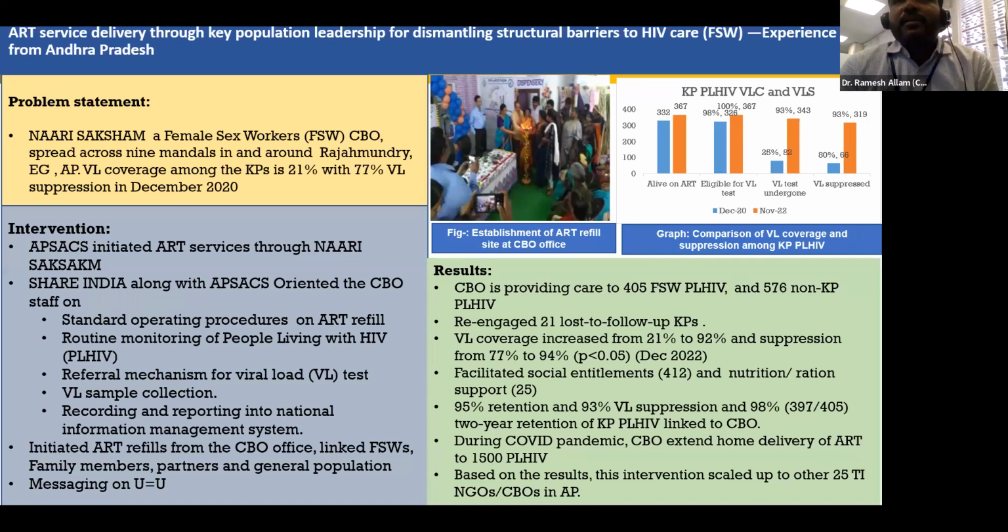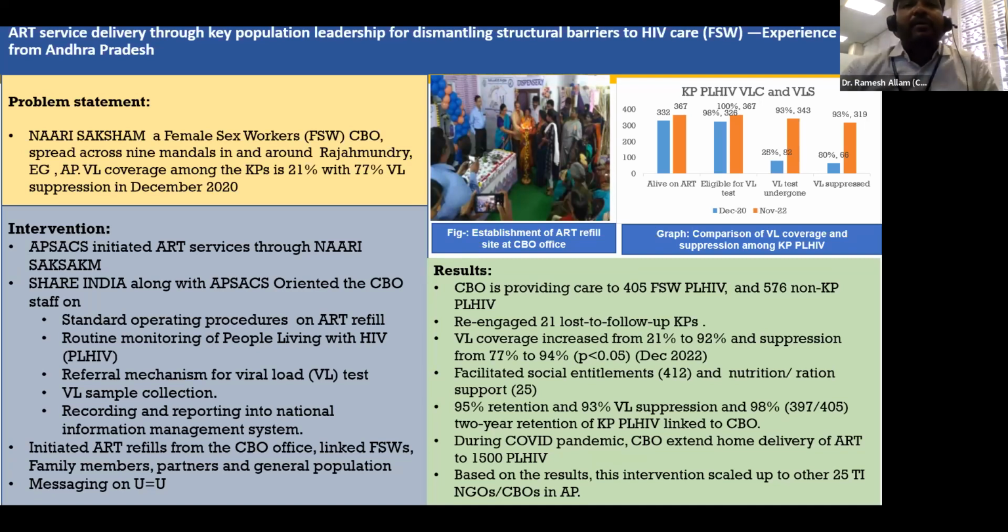This is another intervention, again from East Godavari district in Andhra. Here we identified one CBO organization called Nari Saksham, where most of the key populations, that is FSWs, were taking ART from.